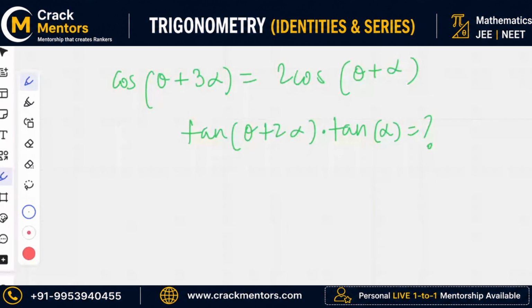Okay, what I would do is write it as cos(theta plus alpha plus 2 alpha) is 2 cos(theta plus alpha), right?